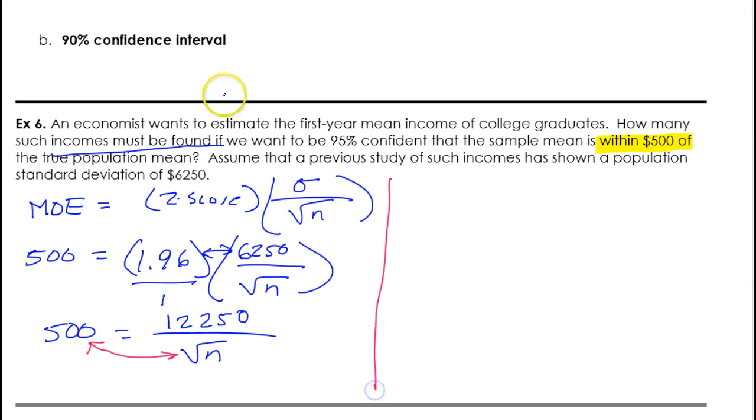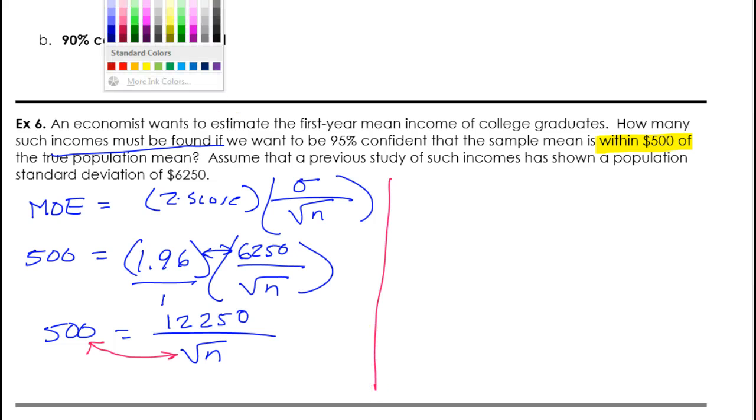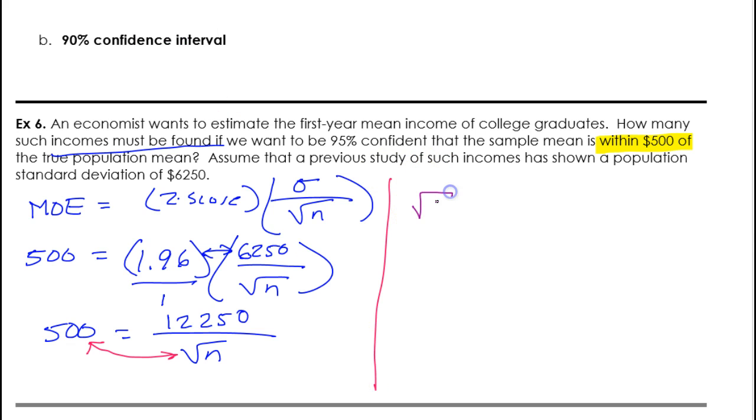So if we use that shortcut, square root of n is equal to 12,250 over 500. Does that work out to be a decent number? It's 24.5, without rounding.